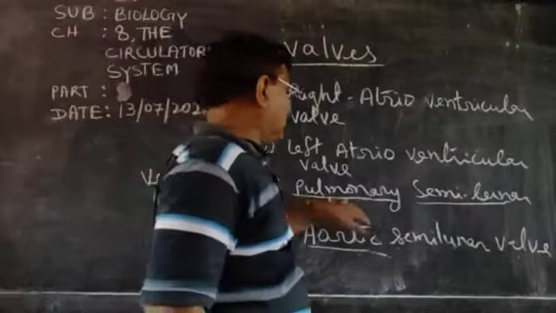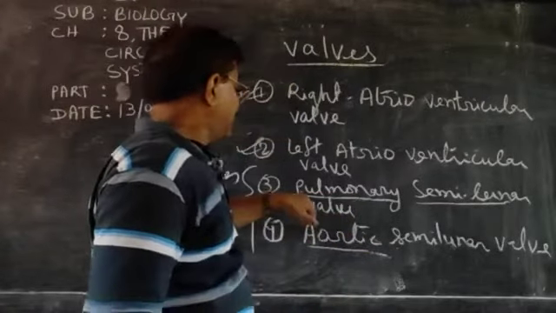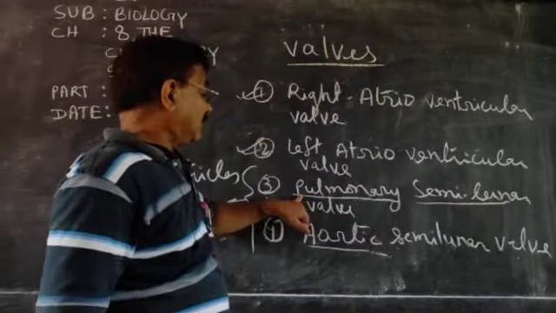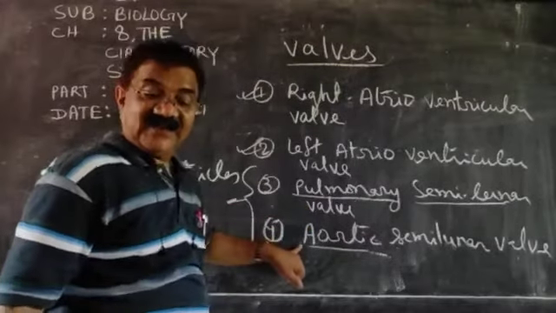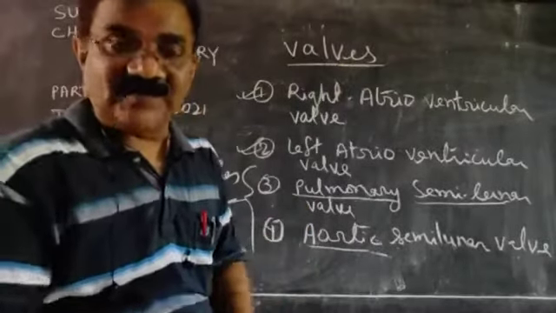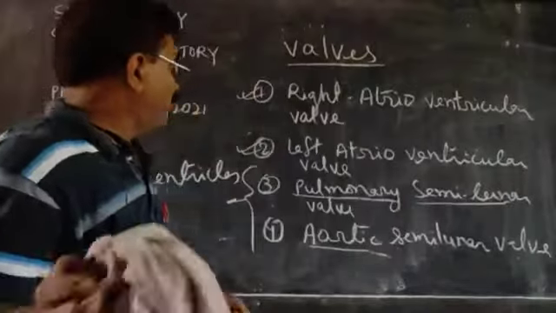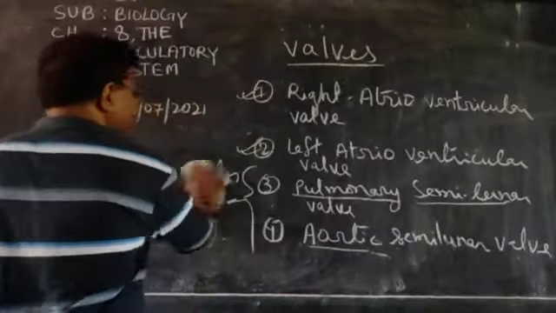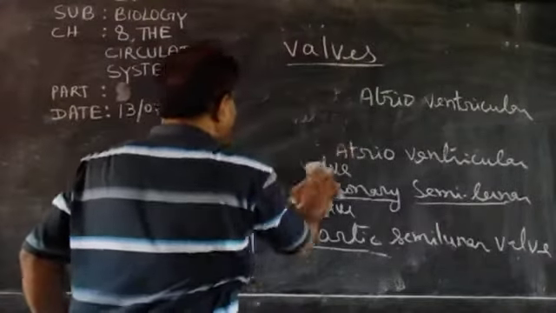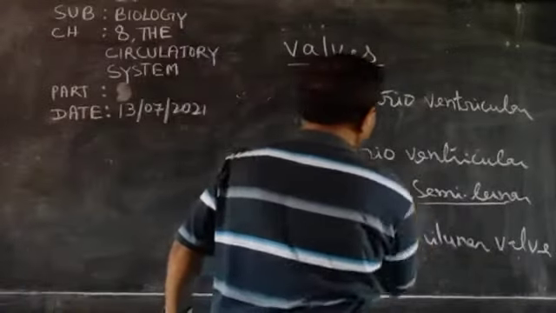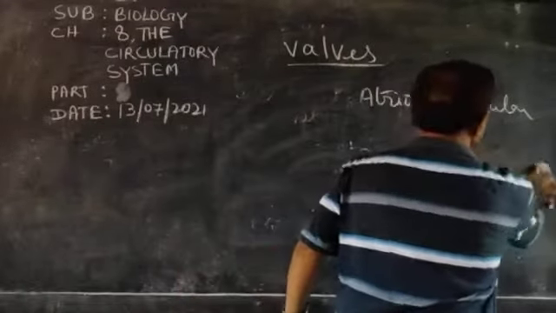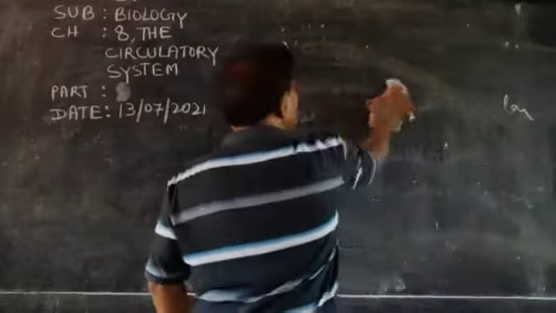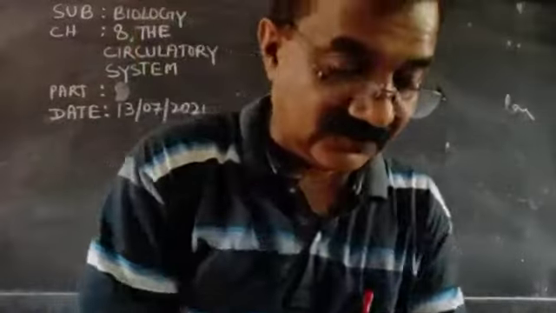Pulmonary semilunar valve is on the right side and aortic on the left side. Okay, let me show by the diagram, then it will be more clear. See here, a rough diagram of the human heart I am showing you, and let us discuss the valves also.